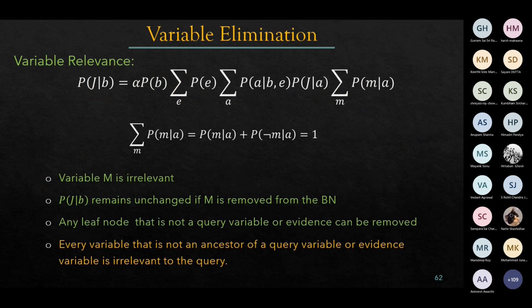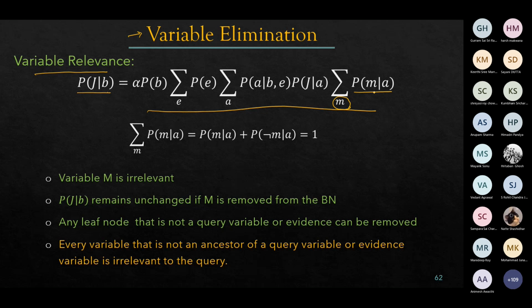Right. There is another idea that is associated with variable elimination. That is what we call variable relevance. Let us think that we are computing the probability that John calls given there is a burglary. So you can design the factor like this. Here we are having one additional variable M, right? And the factor that is involved with this variable is P(M|A).